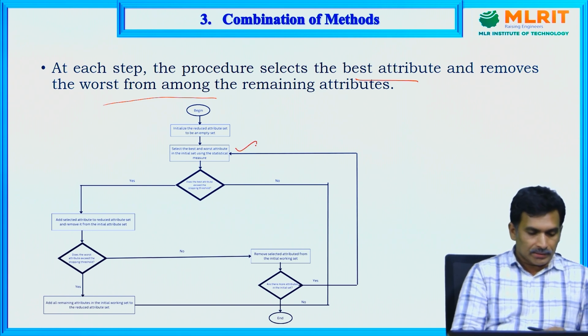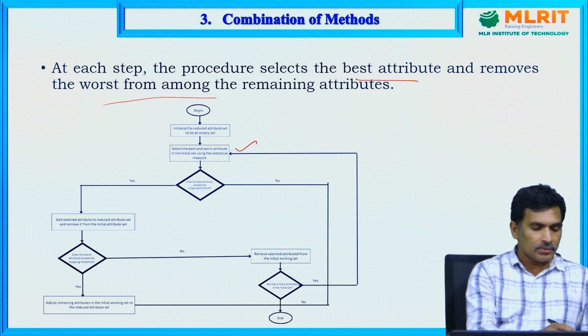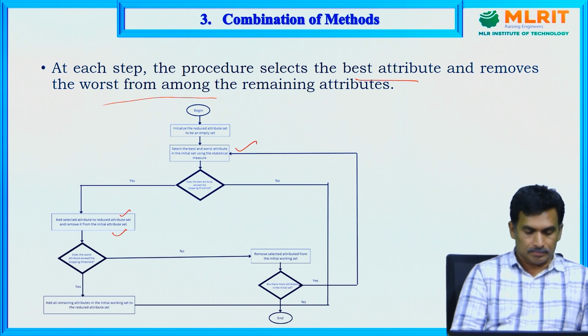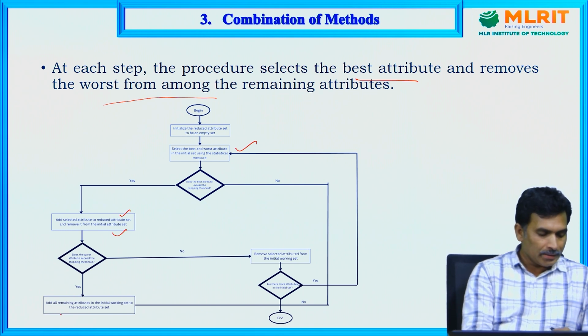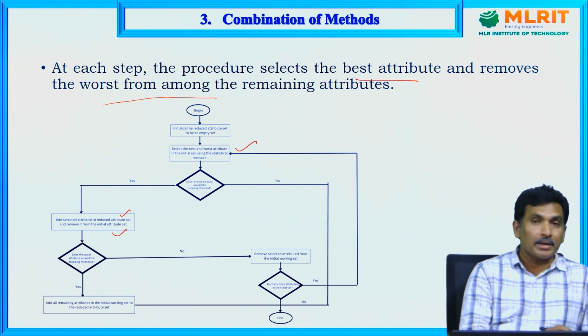Then it will check the threshold. If it is exceeded, then add the selected attribute to the reduced attribute set and remove it from the initial attribute set. If the best attribute does not exceed the stopping threshold, then we go back and add all remaining attributes in the initial working set to the reduced attribute set.